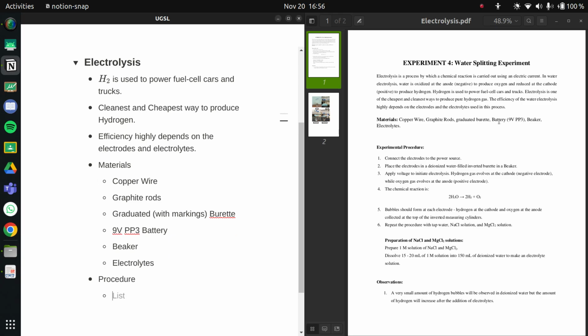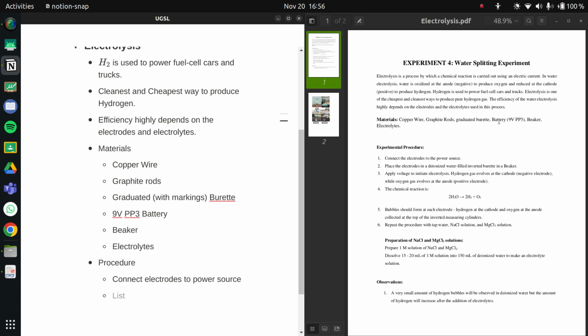Steps. First, connect the electrodes to the power source. Okay, that's pretty straightforward. Connect electrodes. That's kind of a dangerous first step, but okay, you wanna go with that. Then you place the electrodes in deionized water-filled inverted burette.